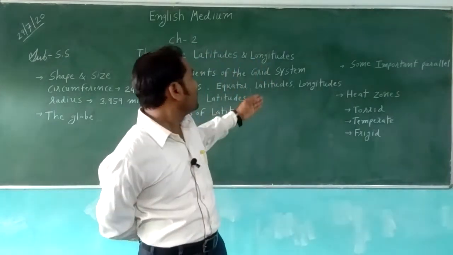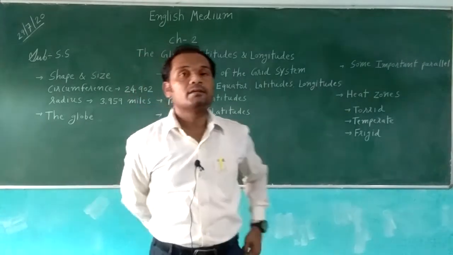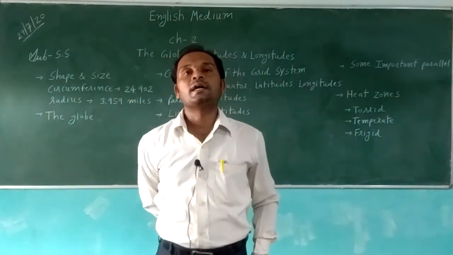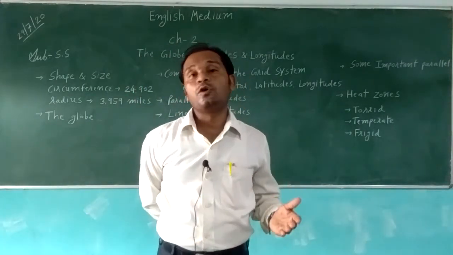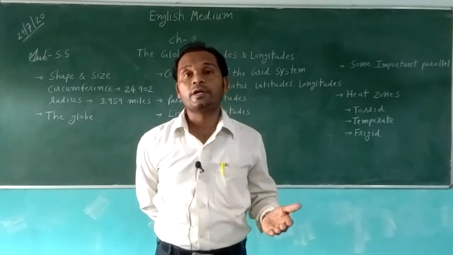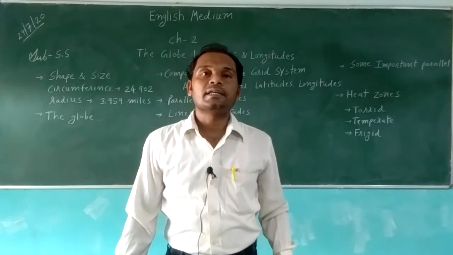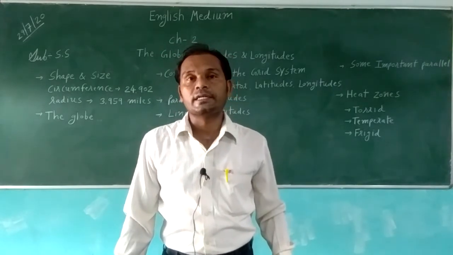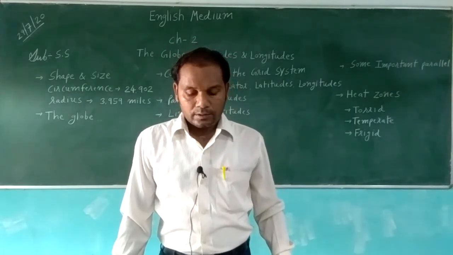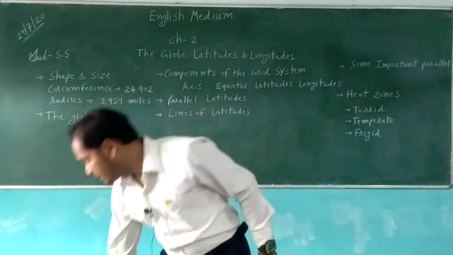Some important parallels of latitude are there. Apart from the North Pole and South Pole, some important parallels we will discuss. The equator measures 0 degrees, and it is called the greatest circle.